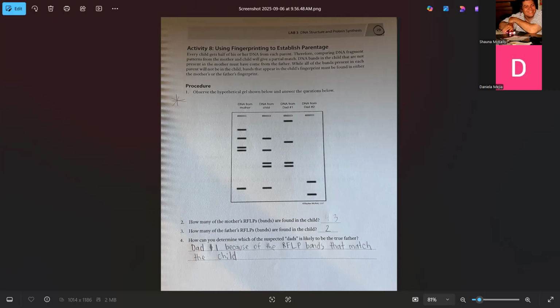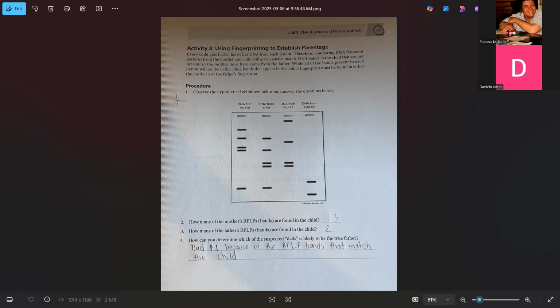While all of the bands present in each parent will not be in the child, bands that appear in the child's fingerprint must be found in either the mother's or father's. Observe the hypothetical Joe shown below and answer the questions that follow.